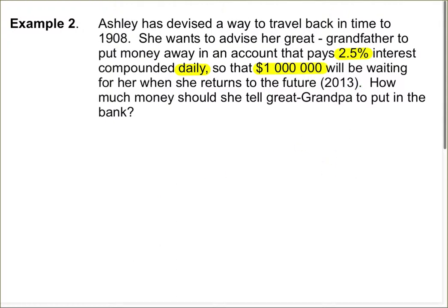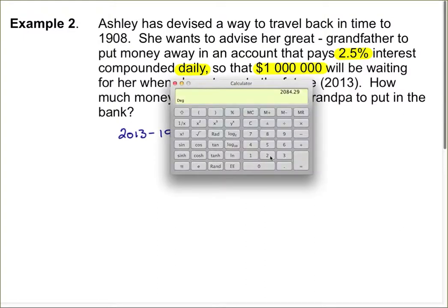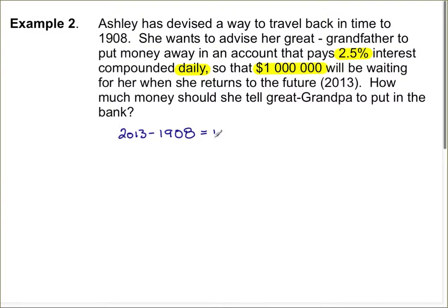So we have to know how many years that is because they didn't tell us. She returns to the future in 2013, and she was back in 1908. So 2013 minus 1908 is 105 years.